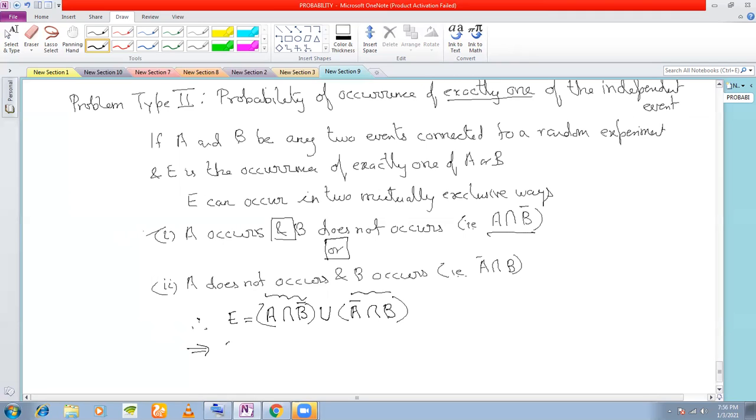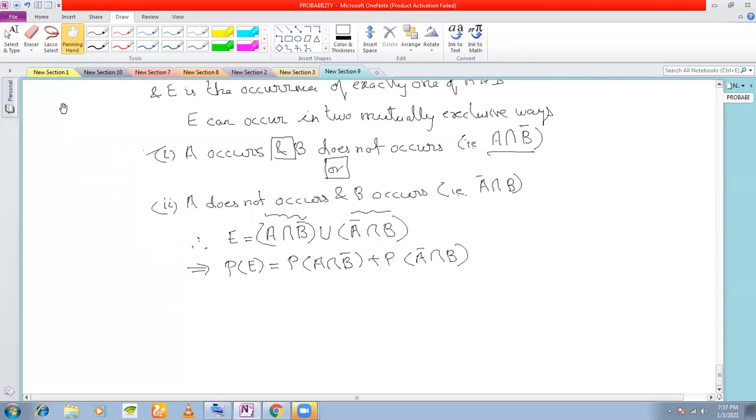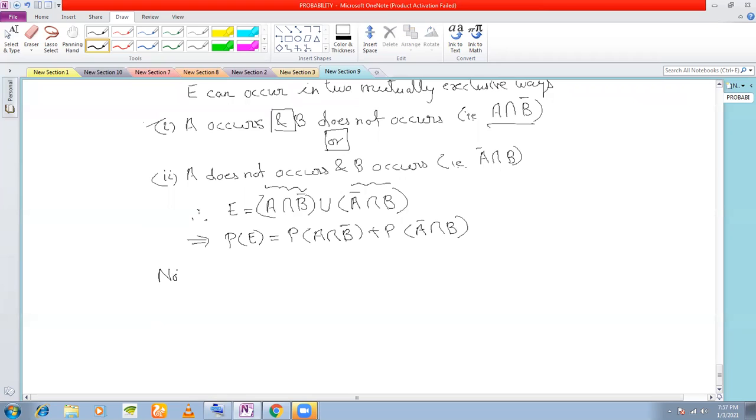That means we can write P(E), the probability of E, equals P(A intersection B) complement plus P(A complement intersection B). Why? As I told you, P(X union Y) is P(X) plus P(Y) minus P(X intersection Y).